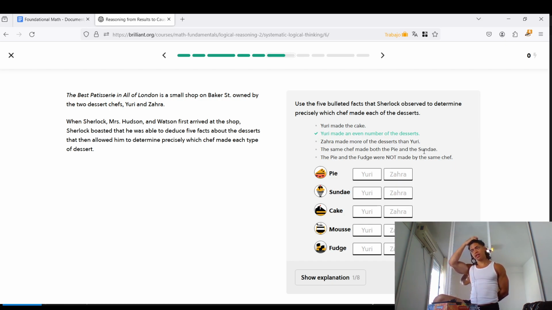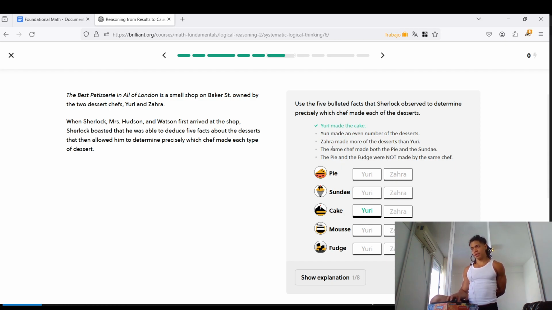How is my thought process? So as you can see, Judy made the cake, but Judy made an even number of desserts. It can be two or four, but because Sarah made more desserts than Judy, that restricts it to two. So Judy can only have done two of them.